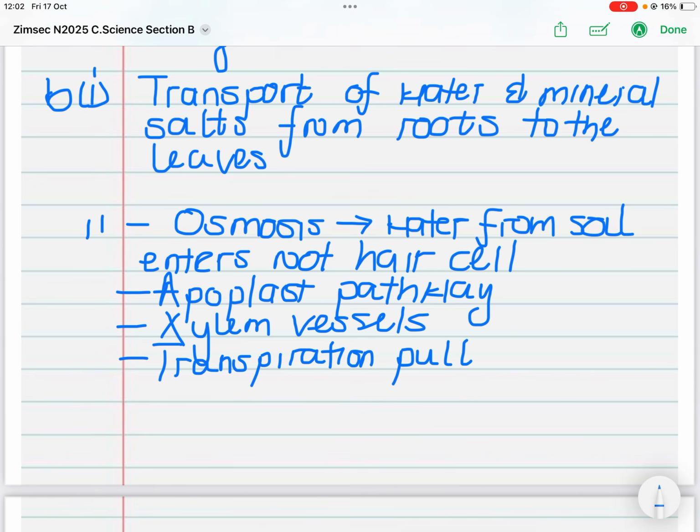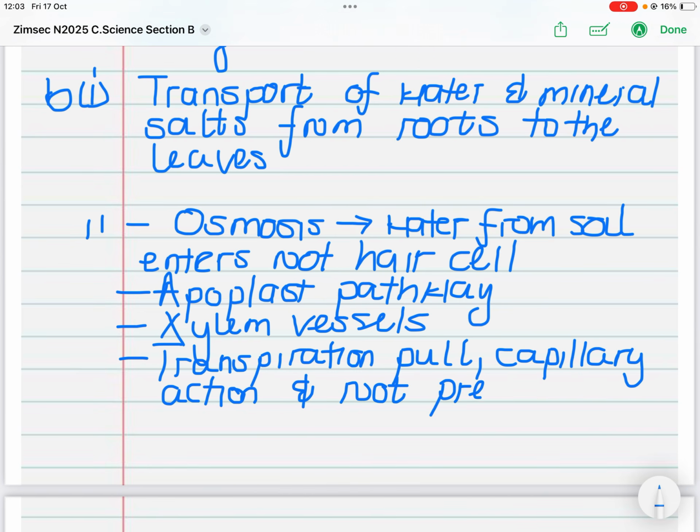And also we are going to have the capillary action and also the root pressure. So mention about the capillary action, and also you talk about the root pressure. So let me explain again.